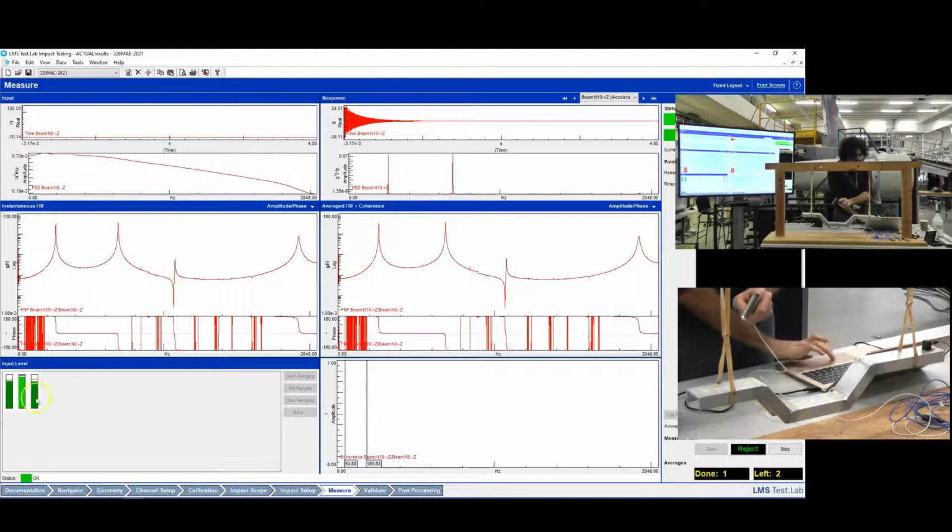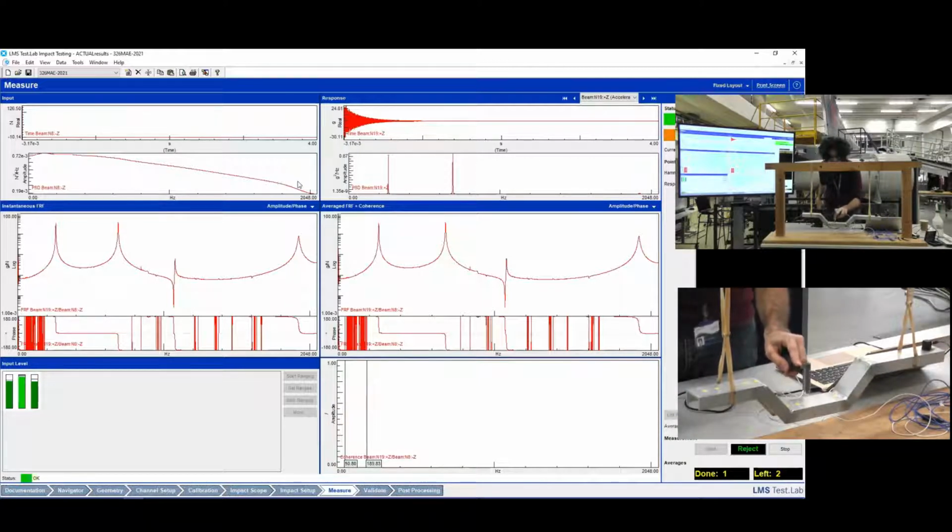I'm always keeping an eye on these bars, but also how it looks. So this is the time history of the hammer and accelerometer. This is the power spectral density of the hammer and accelerometer. We are doing 0.8 and we are doing average number 2.